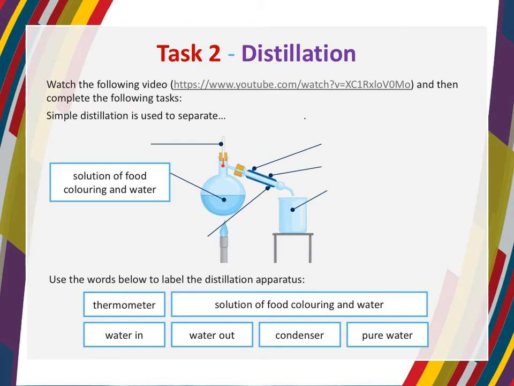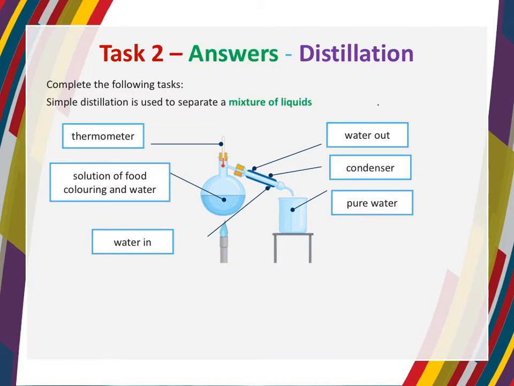So, simple distillation is used to separate substances that have things dissolved in them. Here, the task is asking you to use the words below to label the distillation apparatus. So, having seen the video, you've now got to label this equipment.